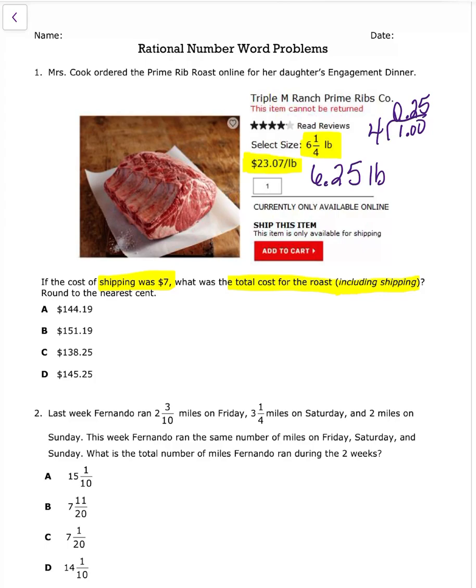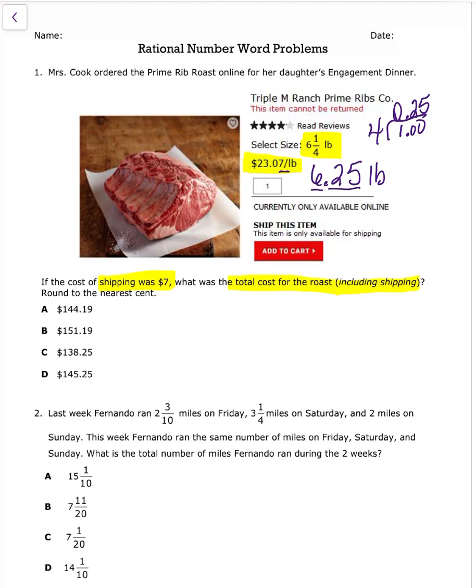Okay, so do I add, subtract, multiply, or divide? It's $23.07 per pound. So it's $23.07 for the first pound, $23.07 for the second pound, for the third pound, fourth pound. So that $23.07 is going to repeat 6.25 times.